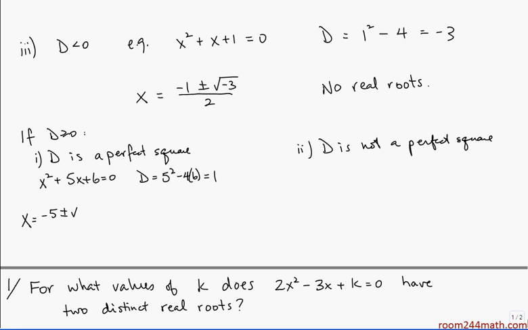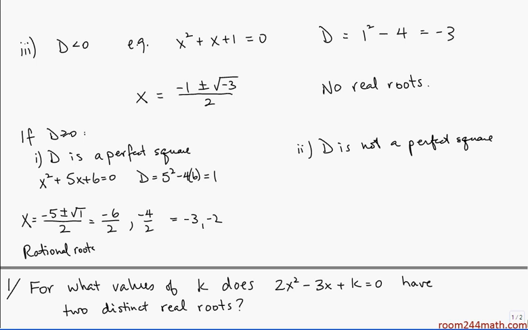X is equal to negative 5 plus or minus the square root of 1 all over 2, which is simply negative 5 minus 1, or negative 6 over 2, or negative 5 plus 1, negative 4 over 2. And so you get the same roots that you would get if you factored, which is negative 3 and negative 2. So if d is a perfect square, the roots end up being rational.